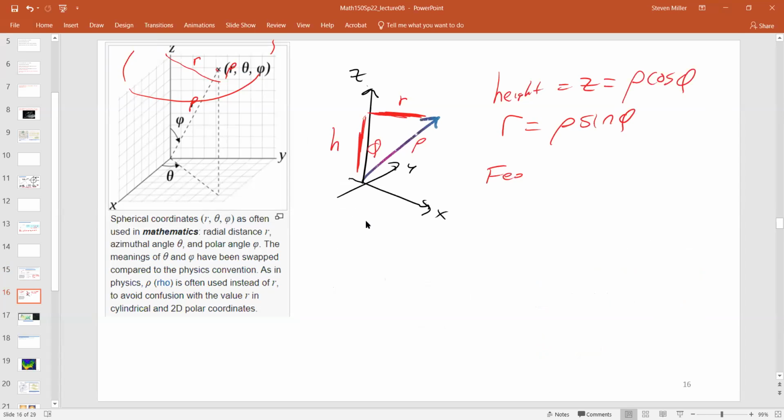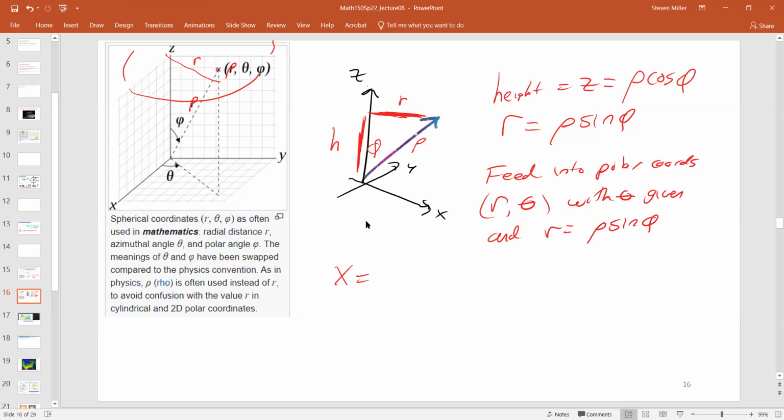Now, feed into polar coordinates with r and theta, with theta given, and r equals rho sine phi. So we know x is r cosine theta and y is r sine theta from polar coordinates.